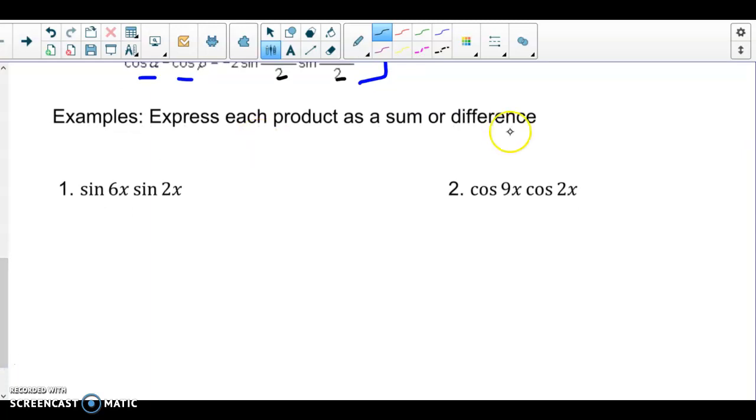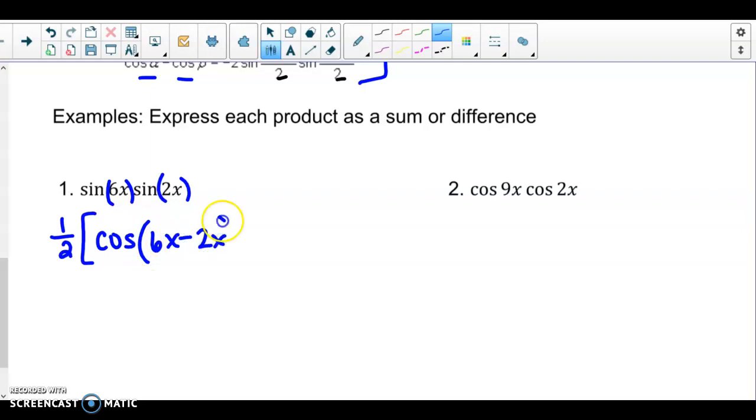Express each product as a sum or difference. So notice I have sine of an angle, 6x, times sine of 2x. So it's sine times sine. Well, that's the same thing as 1/2, using my formula from the top, cosine of the angles being subtracted plus cosine of the angles being added.